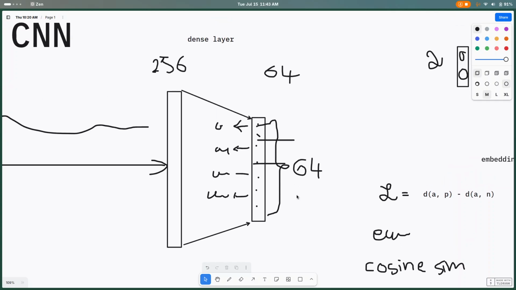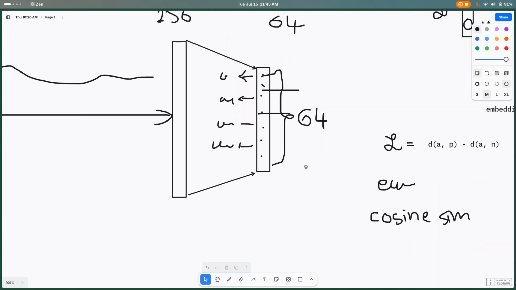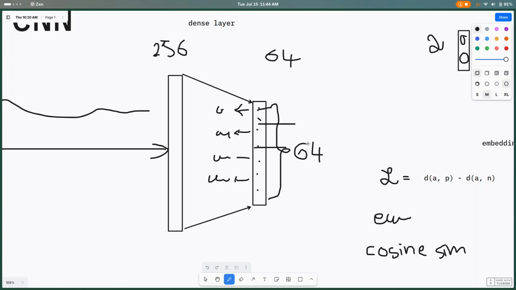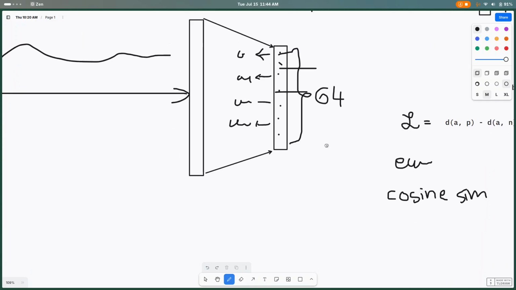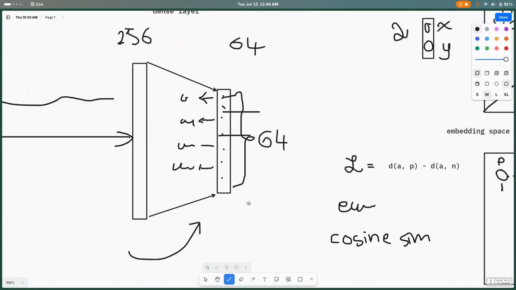So the question is, could we use this to identify different animals without having to set a fixed size of classes? So let's say we've set it to 64 and trained it on different types of animals. Now a new type of animal comes in, an entirely different class.